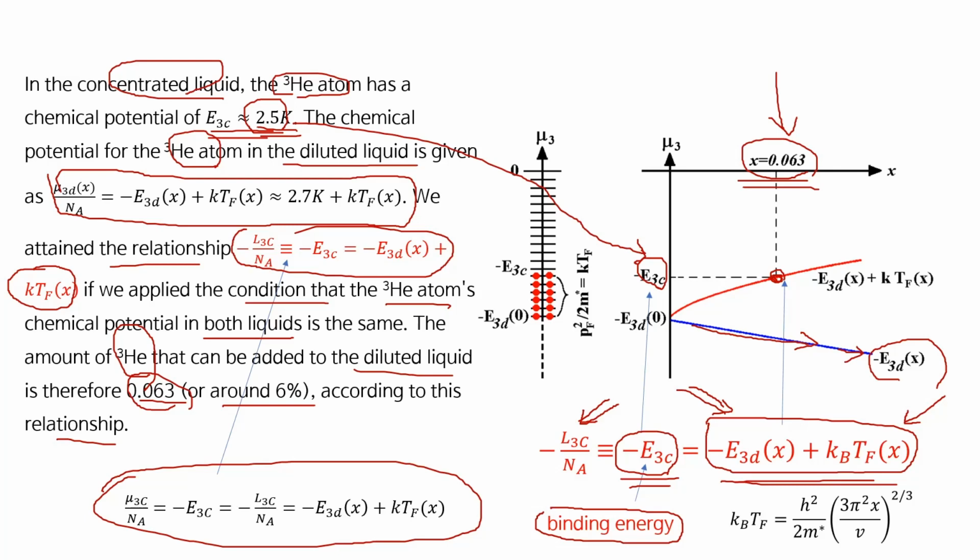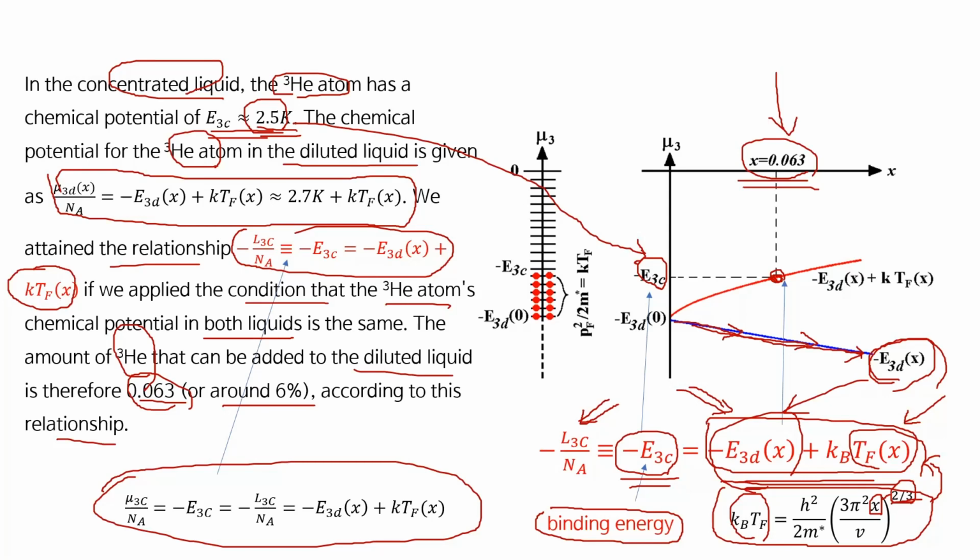So E3dx shows this kind of behavior. And kBTF is given by this equation. This shows that kBTF is proportional to x to the one-third.